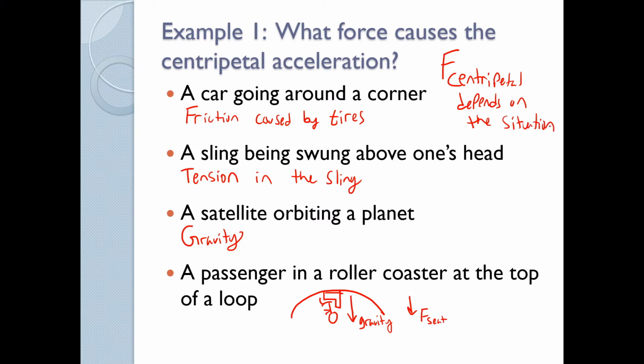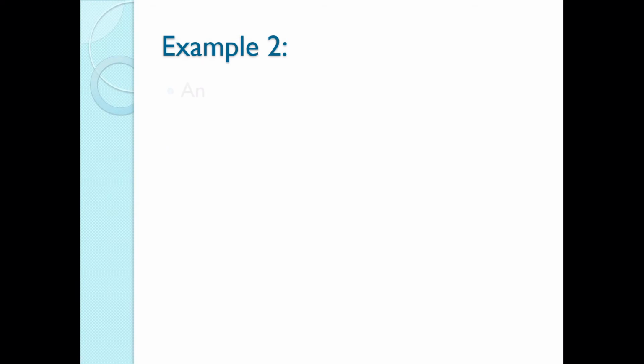And it really becomes quite apparent when we start talking about electromagnetism. There's a lot of things in electromagnetism that rely on using centripetal forces, but then depending on the situation, what that centripetal force is will change. Okay. All right. So now let's go through a couple of examples of how we can apply this concept of what causes centripetal motion and how we can analyze it.